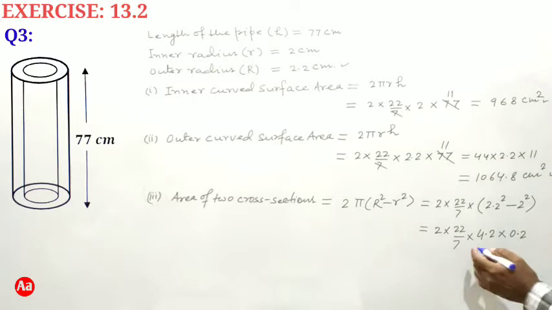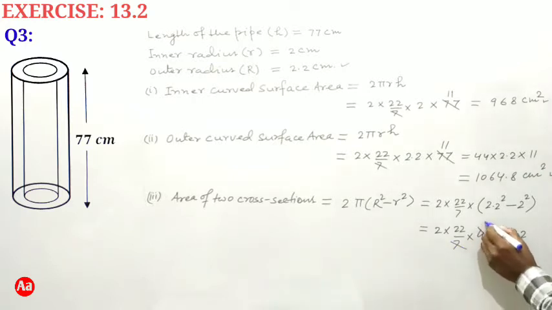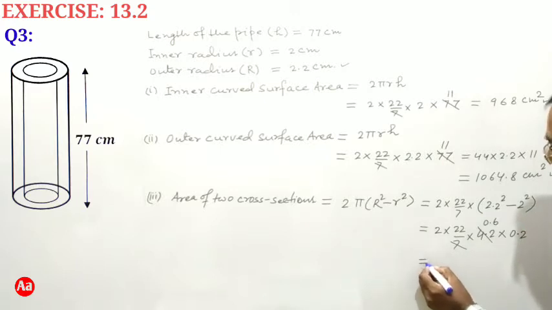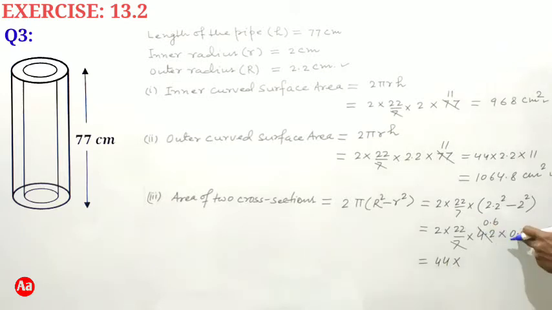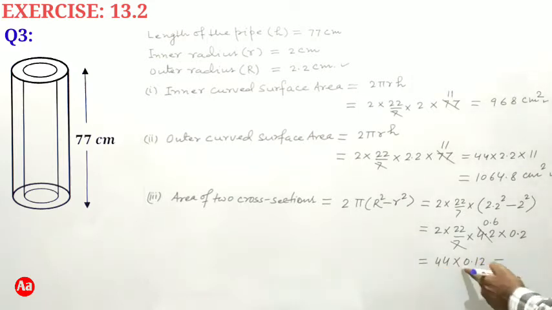All right. So 7 sixes are 42, so 0.6. This is equal to 2 into 22, 44 into 0.6 into 0.2, it is 0.12, and this is equal to 44 into 0.12, which is equal to 5.28 centimeter square.